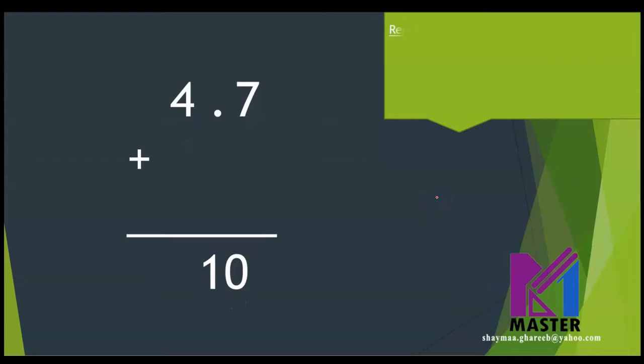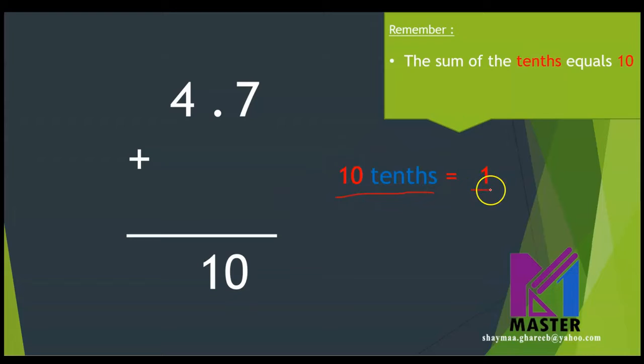Let's see one more example, and remember, the sum of the digits in the tenths place should add up to 10. Because 10 tenths equals 1 whole, and I have only 7 tenths, I need to complete them to be 10 tenths. So both of them should add up to 10.